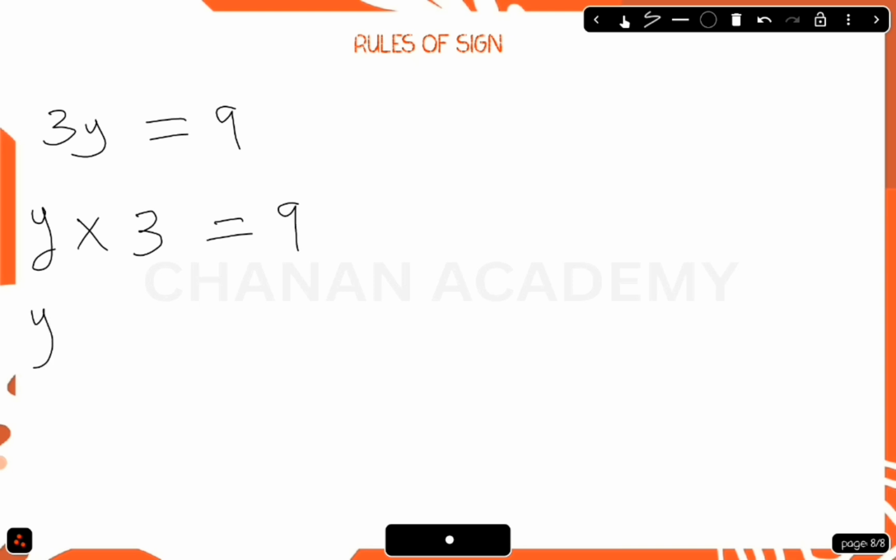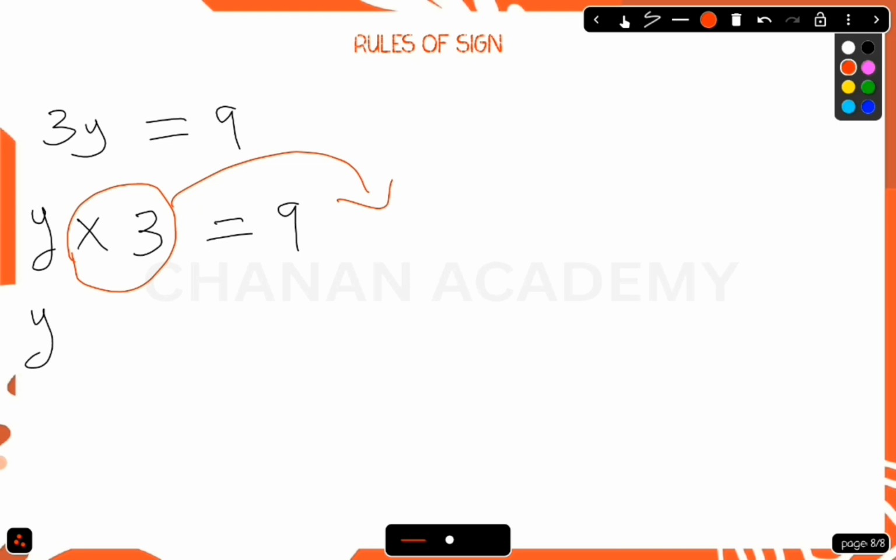So if we want to move this to the other side, it becomes division. The multiplication, if it's crossing the equality sign, becomes division. So we have y is equal to 9 divided by 3, and y is equal to 3.